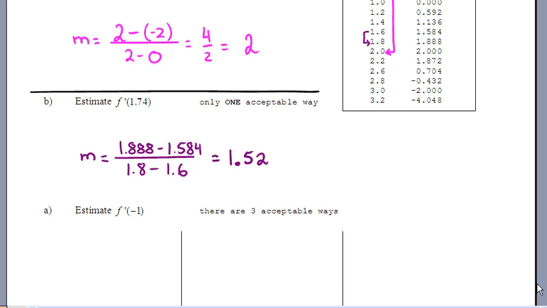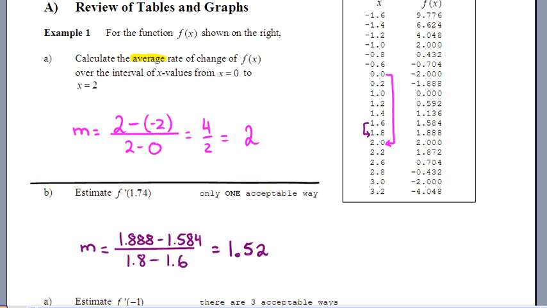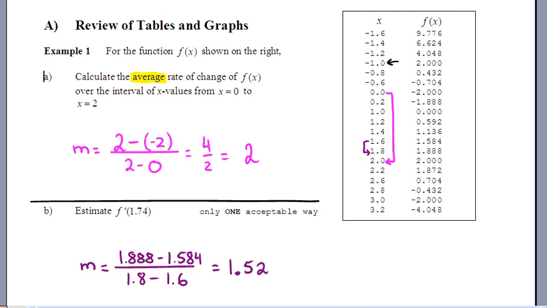This next one is interesting. It actually has 3 acceptable answers. We're going to try to find the best guess of the derivative at -1 for x. Okay, well, let's just go and take a look at where -1 is. It is actually in the table. Okay, so there's a table value for -1 right here, and they're saying, what's your best guess of the derivative? So it's not straddled in between two numbers.